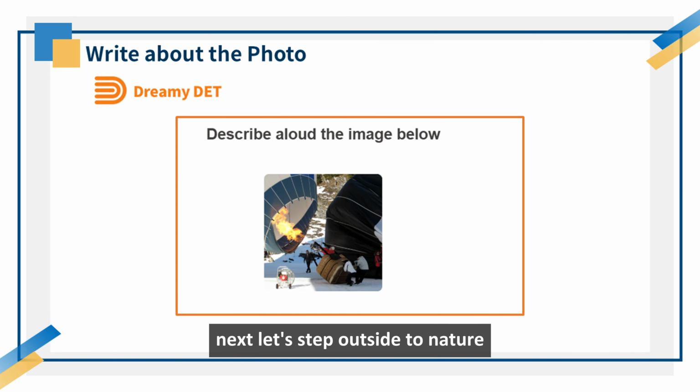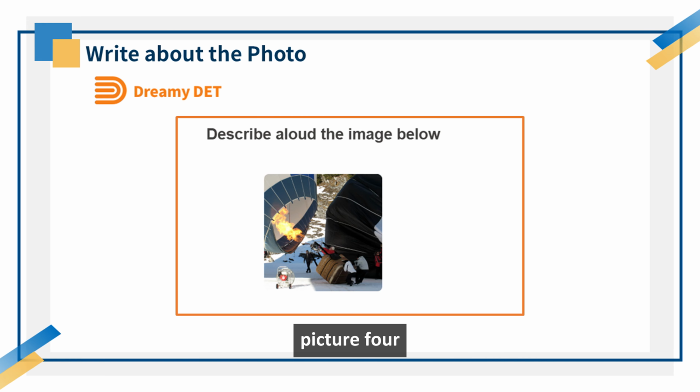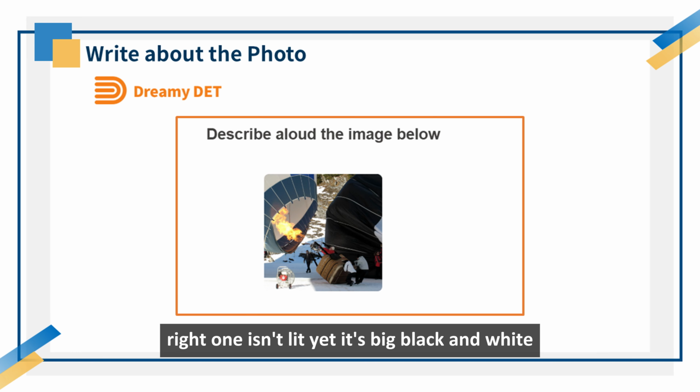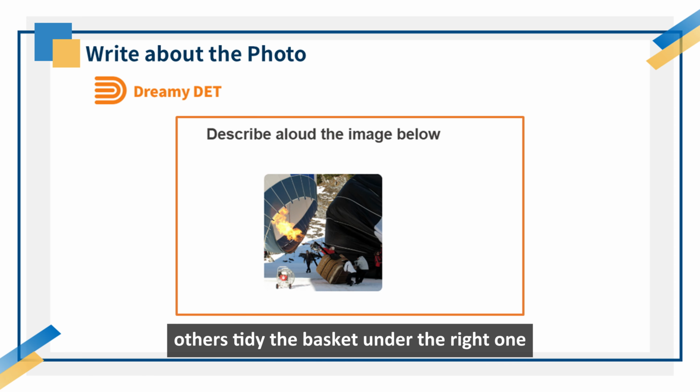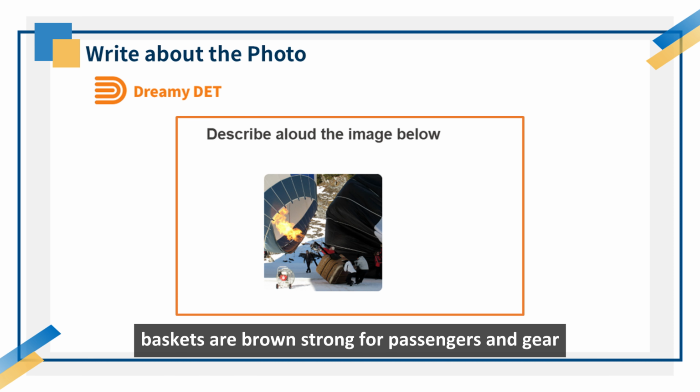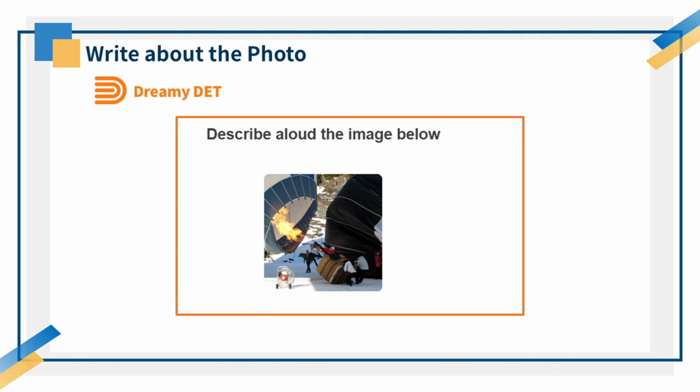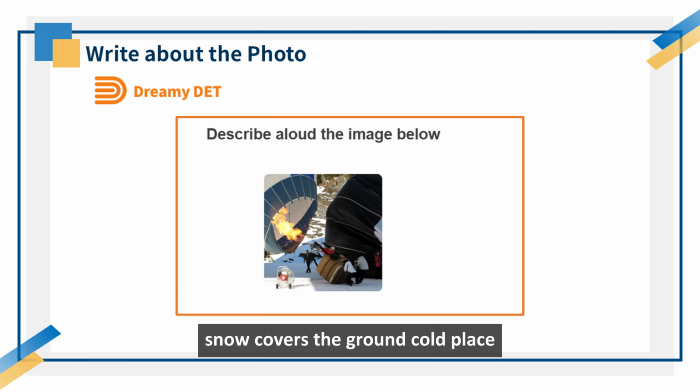Next, let's step outside to nature. Picture 4. 2 hot air balloons. Left one is firing up. Right one isn't lit yet. It's big, black and white. Below, people are busy. Some watch the left balloon, others tidy the basket under the right one. Baskets are brown, strong for passengers and gear. Snow covers the ground, cold place.